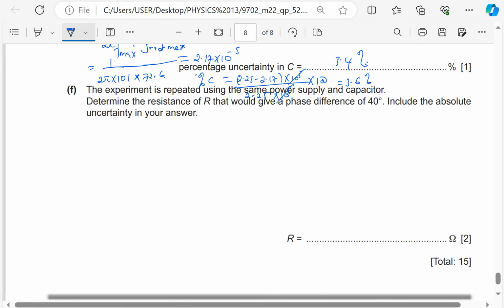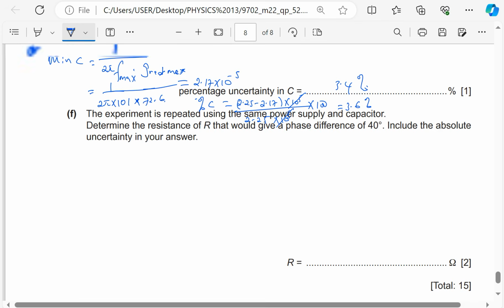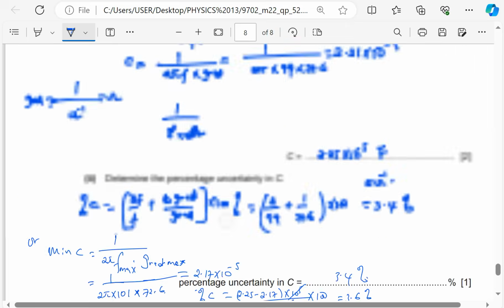And the last part: the experiment is repeated using the same power supply and capacitor. Determine the resistance R that would give a phase difference of 40 degrees, include the absolute uncertainty in your answer. So remember we said the gradient. What was the gradient first of all?